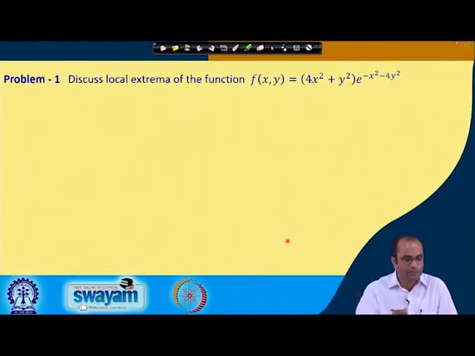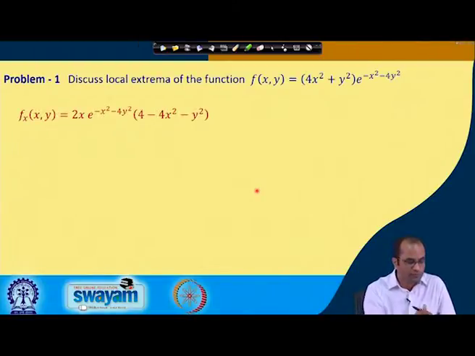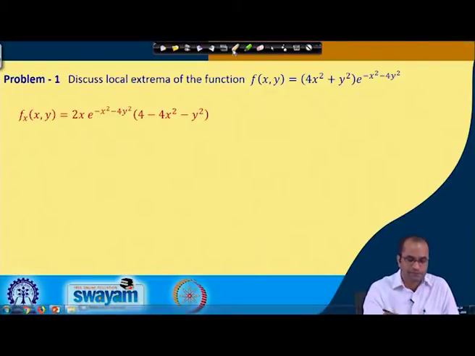We want to find the local extrema of the function f(x, y) equals (4x square plus y square) multiplied by e power minus x square minus 4y square. So, we need to compute f x. We differentiate with respect to x keeping y constant.